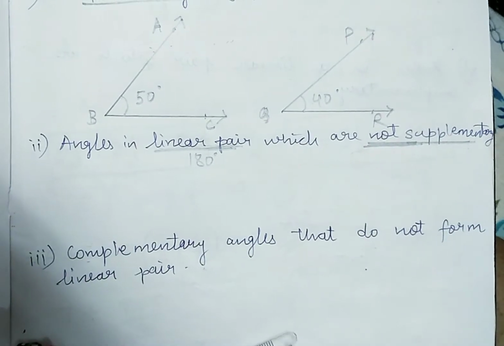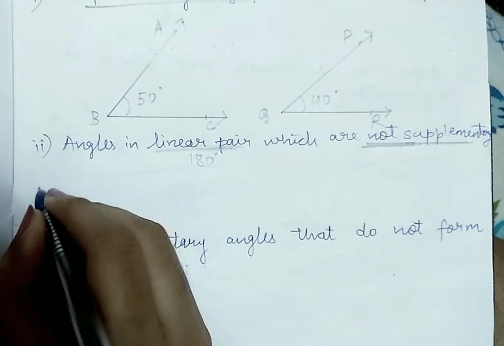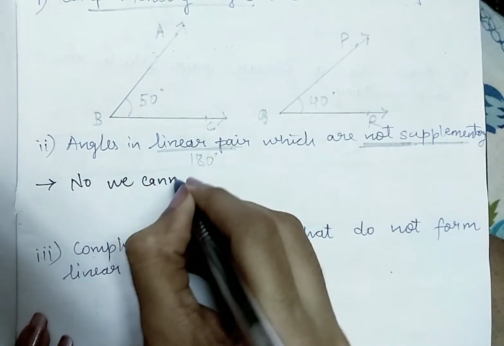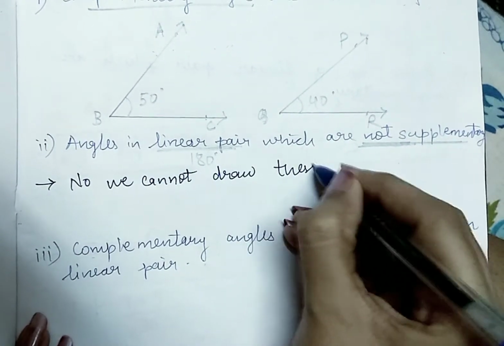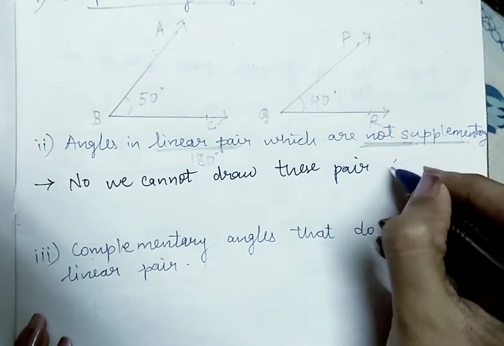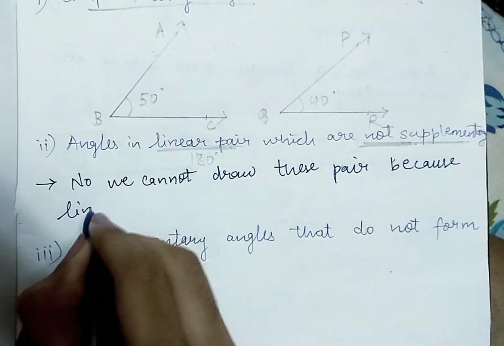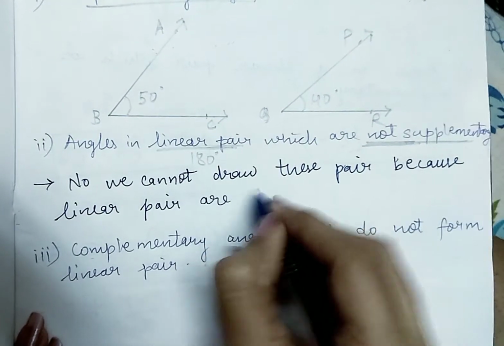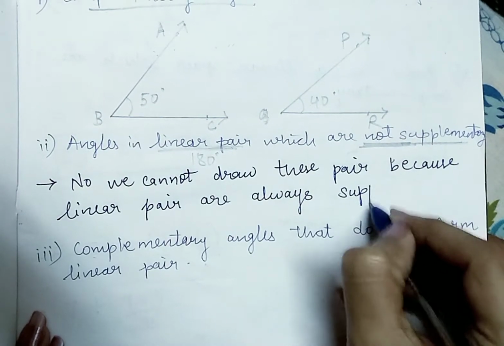What will we write here? Can we draw this? No, we cannot draw this pair, because linear pairs are always supplementary.